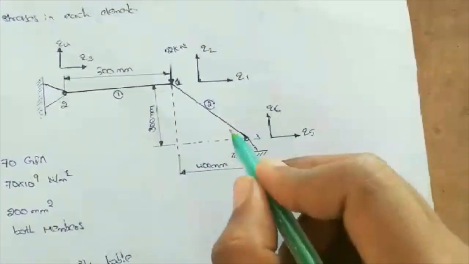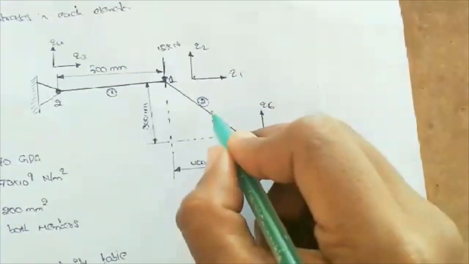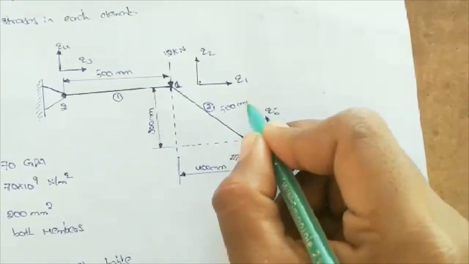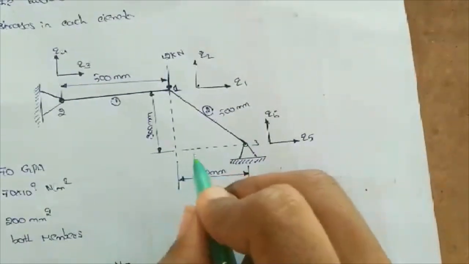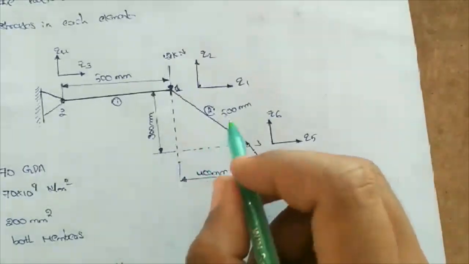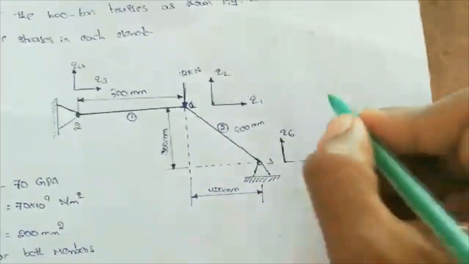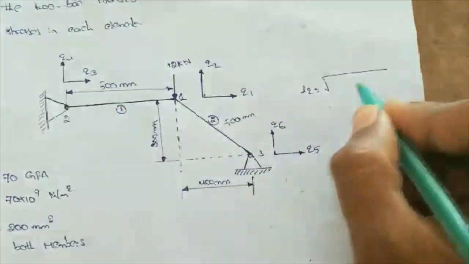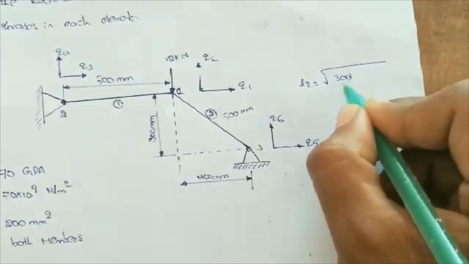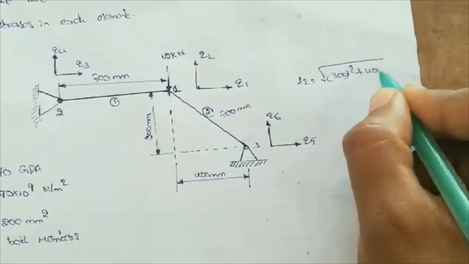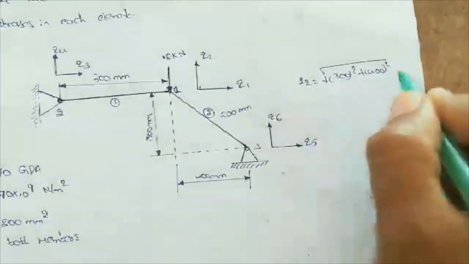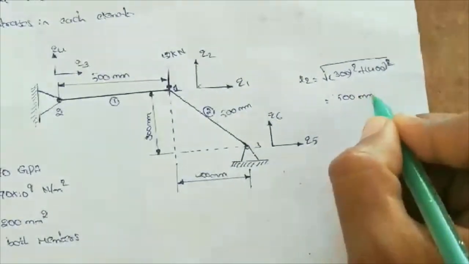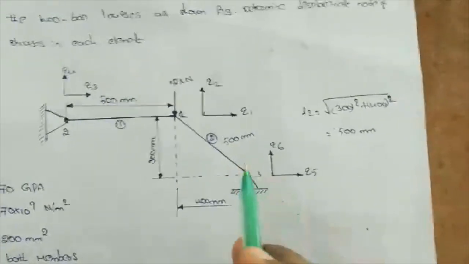By the use of Pythagoras theorem, the length of the second element equals the square root of 300 squared plus 400 squared, equal to 500 mm. This is the length of the second element.